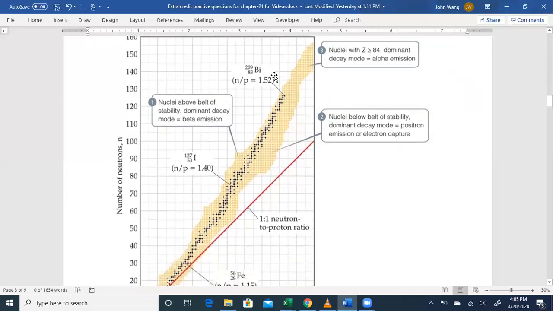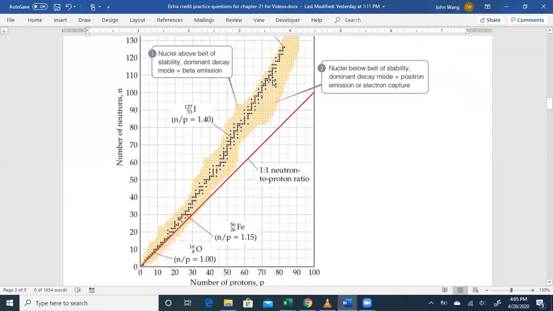You can see here there's one example, Fe 26. The ratio between neutron and proton is 1.15. And what we have for cobalt 60, the neutron to proton ratio, is 1.22. So that means this cobalt 60 is somewhere here above this stability belt.